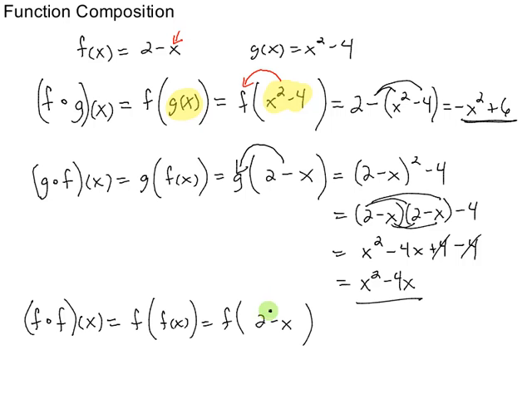And now I'm going to feed 2 minus x to my f function as the input. So I'm going to replace this x with this input 2 minus x. So I have 2 minus (2 minus x). Now I distribute my negative and simplify. And I get a positive x, and 2 minus 2 is 0. So I simply get x as the output of my f of f function.